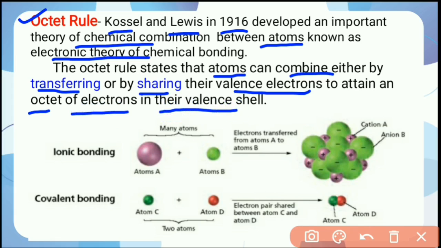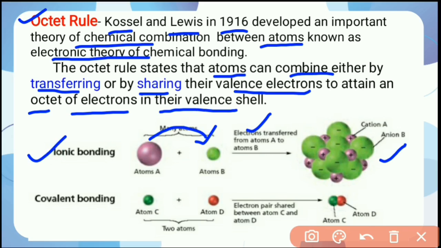In these two ways, see this in the picture: when atoms attain 8 electrons by complete transfer of electrons from one atom to another atom, they form an ionic bond and gain 8 electrons in the valence shell, and that type of bonding is called ionic bonding.